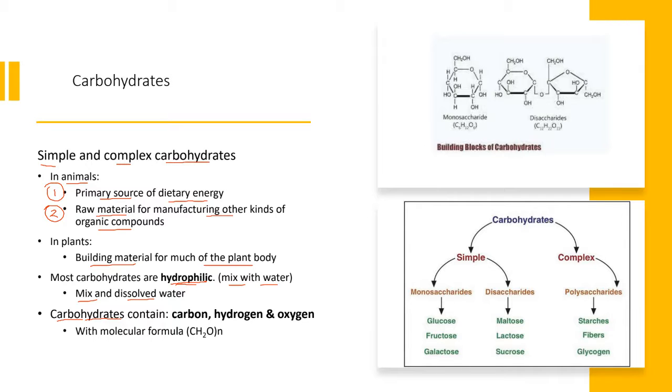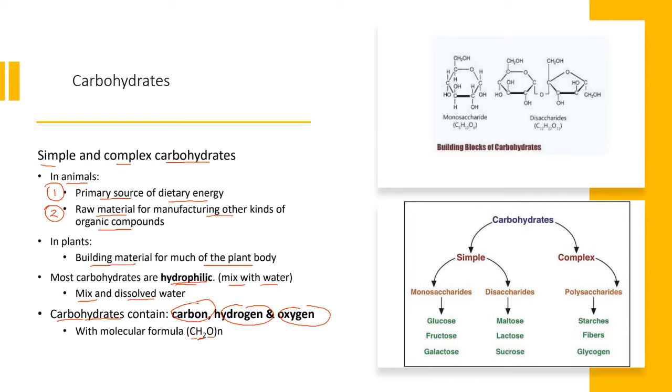So carbohydrates are going to be made of three main elements: carbon, hydrogen, and oxygen. So carbohydrates are made of what? Carbon, hydrogen, and oxygen. And usually they have a chemical formula in this kind of ratio, where they have two hydrogens, okay, per carbon and oxygen atoms.